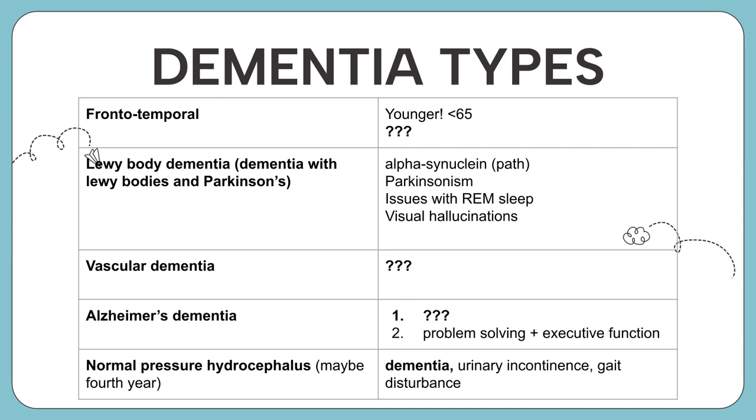So why is it called vascular dementia? What might happen for this person to develop dementia? What risk factors may they have which cause them to develop this type of dementia? Alzheimer's dementia, what do people most commonly associate with Alzheimer's? And the last one is normal pressure hydrocephalus. I learned it more this year, but it has a triad, and one of the parts is dementia.